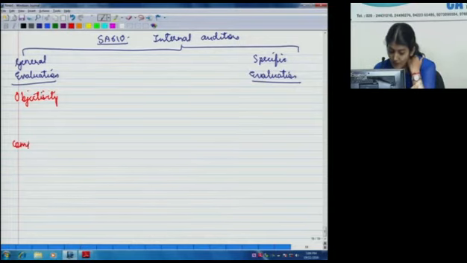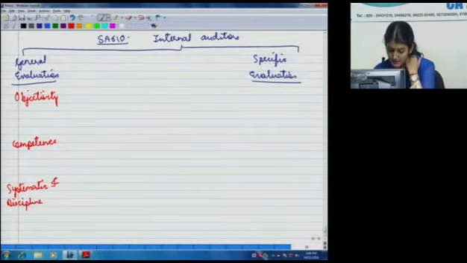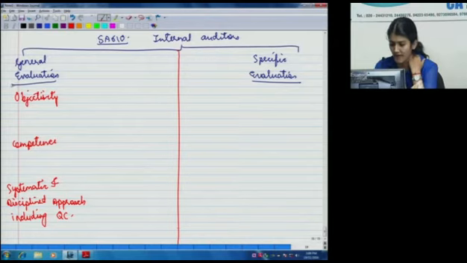Second, the competence of the internal auditors. And third, the systematic and disciplined approach, including quality control of the internal auditors. What is QC? Quality control. You have studied SQC, right?